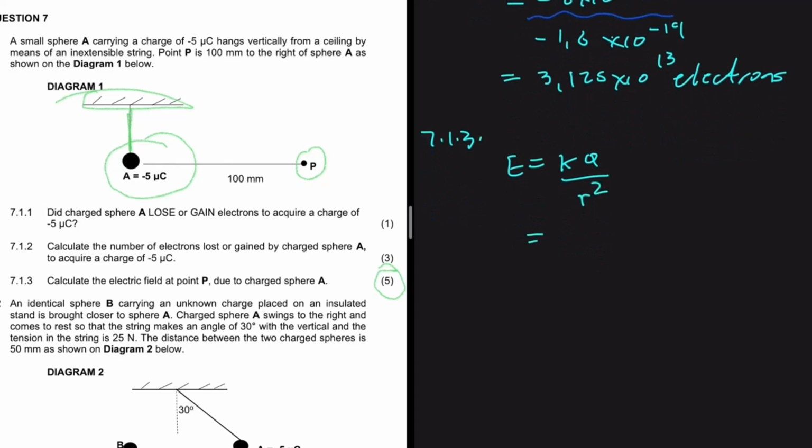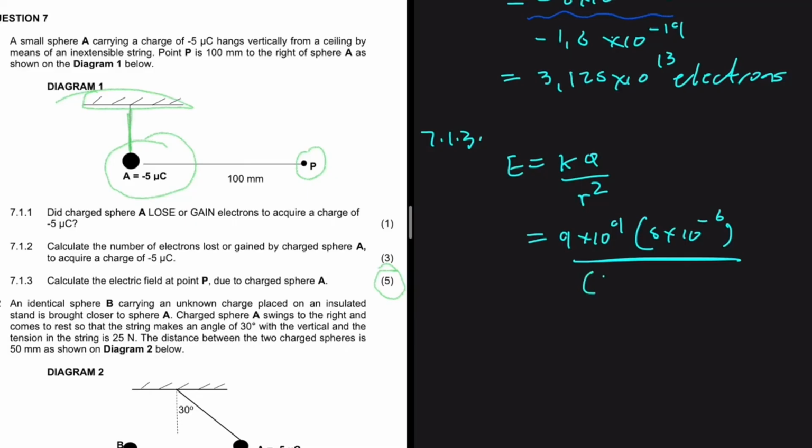We know fully well that K is a constant. That is 9 multiplied by 10 to the power of 9. And the charge on our sphere is 5 times 10 to the minus 6. We've already established that the distance is 100 millimeters, so to convert it to meters, we divide by 1,000.